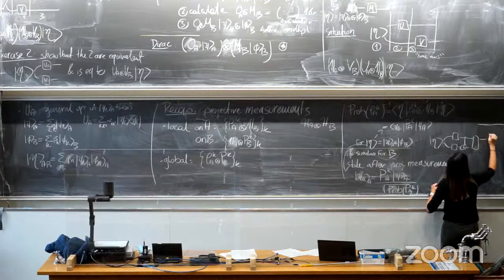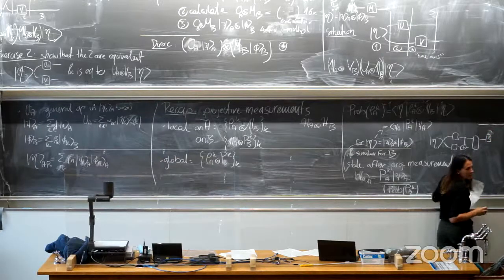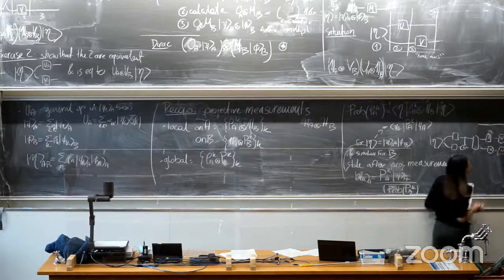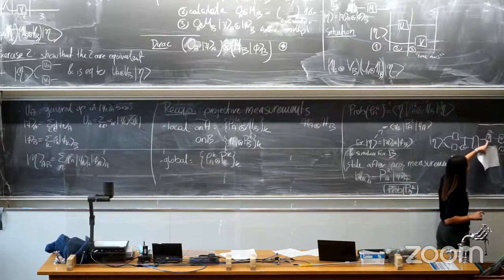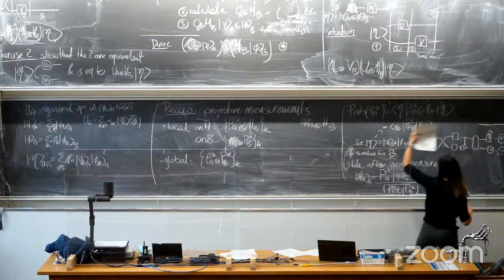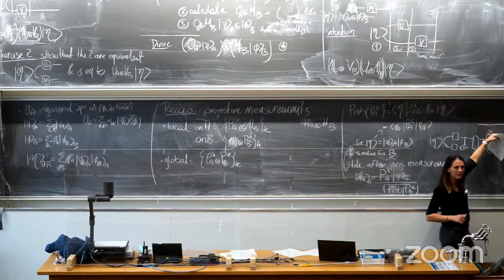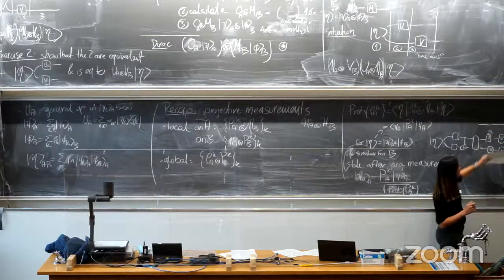Then we do a projective measurement, which you write like this, and maybe afterwards we even apply another operator. So it's really important to bear in mind that this changes the state. It's not only that we measure the amplitude, our state collapses to one of the possibilities.